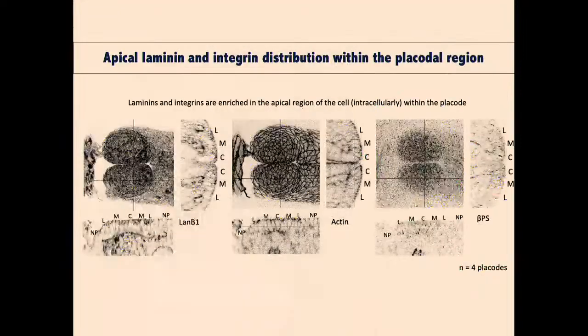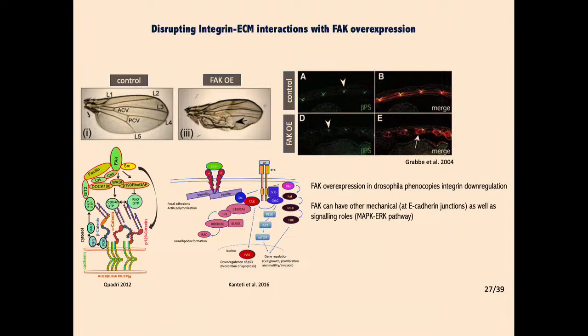So where we are now is to really start disrupting these interactions to ask how this affects morphodynamic and mechanical properties. To do that, we again use a genetic tool that allows us to disrupt these interactions.